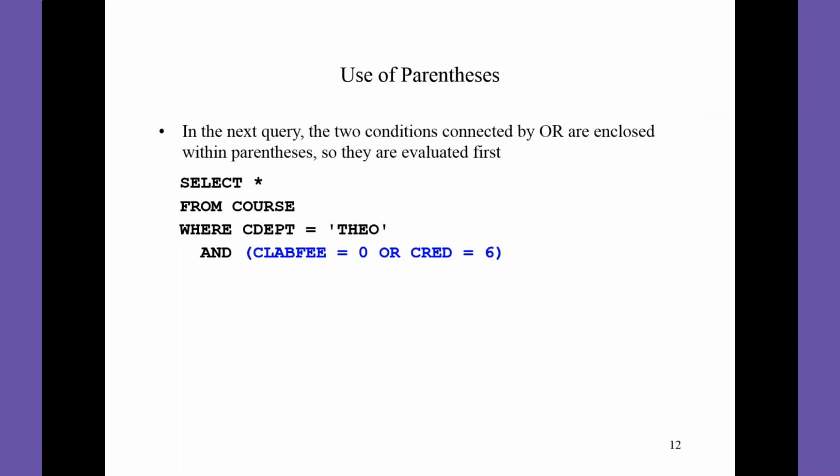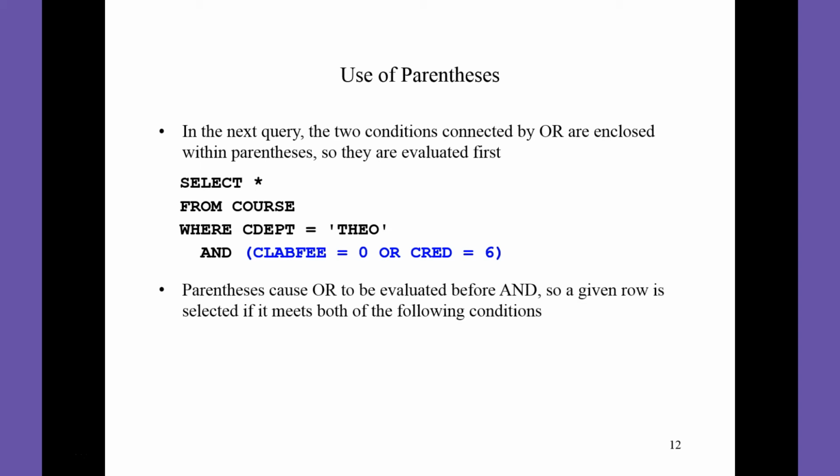In our next query, we have two conditions connected with or. These conditions are enclosed within parentheses, causing the system to alter the order of evaluation. The parentheses are going to cause the or to be evaluated before the and.